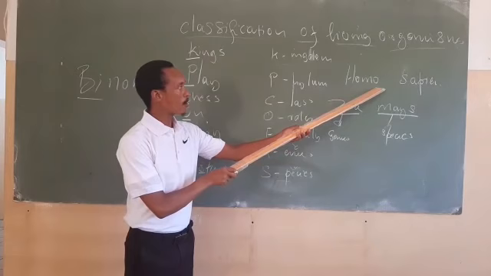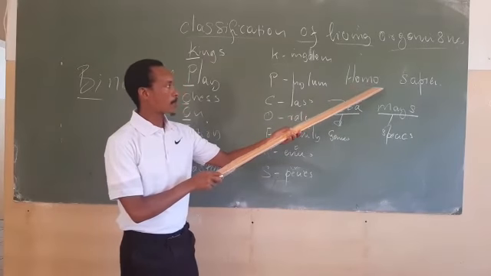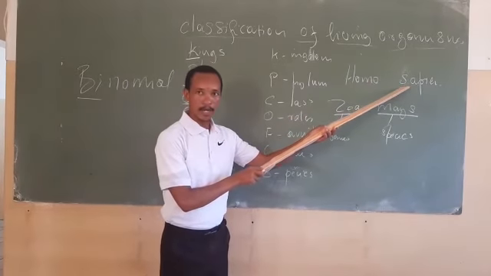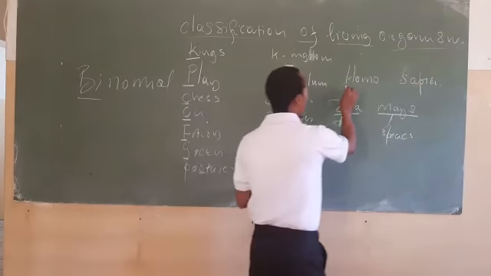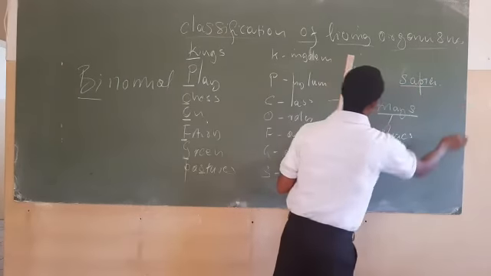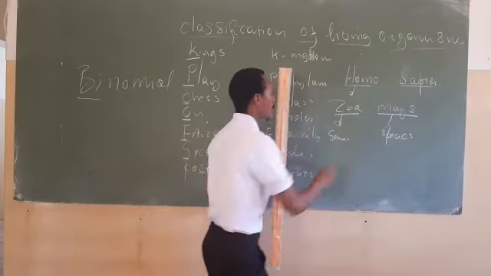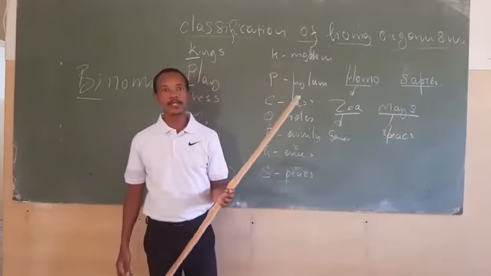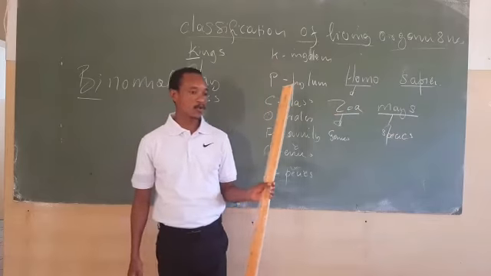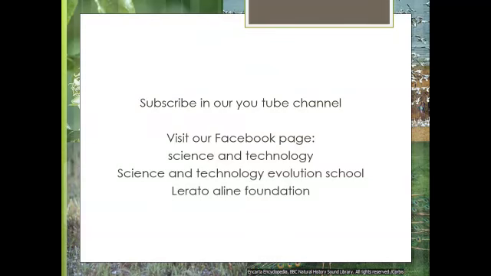The word Homo has a capital letter, then this one must be given a small letter. Because I am not able to write in italics, I am going to underline. This represents the genus name, and this one represents the species name. Okay, this is what is called the classification of living organisms.